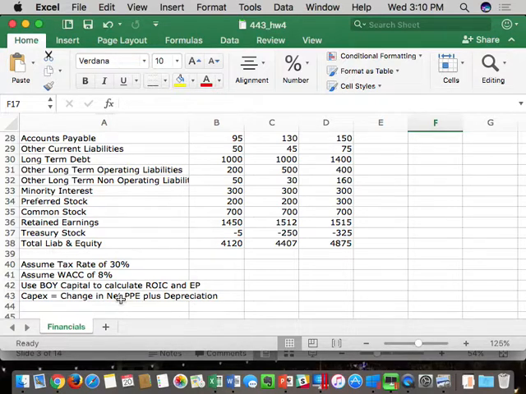Yes? So I know the example you did, there were 2 periods, and on this there are 3. Is there a difference in how we're going to... Nope. You're just copy and pasting the rows. So you'll have 3 columns versus 2 columns worth of data. So you'll have 3 years of TII, you have 3 years of TFI, but you only have 2 years of CFI because you need to change the balance sheet, and you'll have 2 years of ROIC EP because you're doing last year's invested capital.